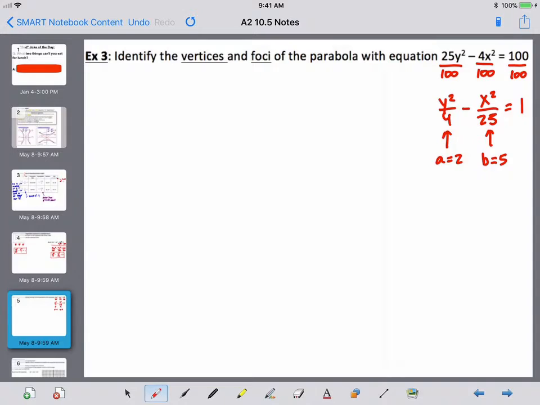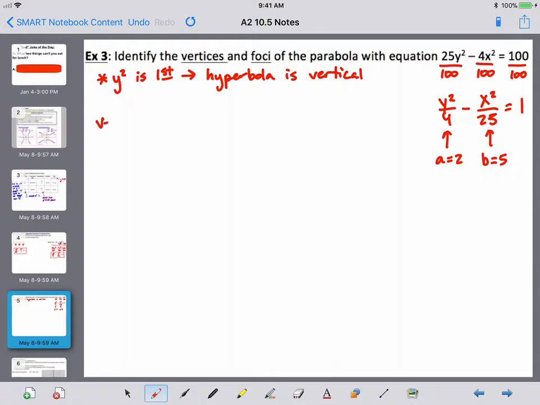And if you notice here, since you have y squared first, so that's the first term in your equation for your hyperbola, that actually tells you that the hyperbola is a vertical hyperbola, because that y squared is going to make things go in the y direction, hence vertical.